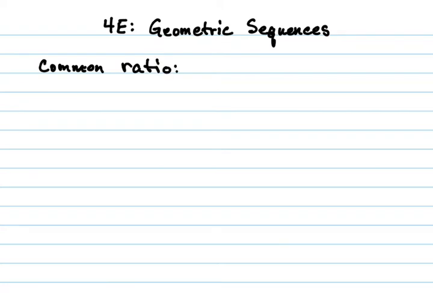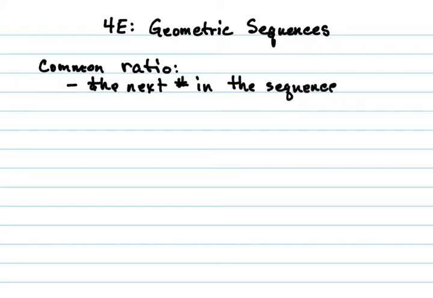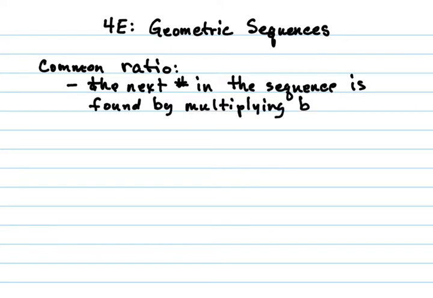Now that sounds a little funny because ratio generally means you're dividing by something, but a common ratio in this instance means that the next number in the sequence is found by multiplying by the same factor.